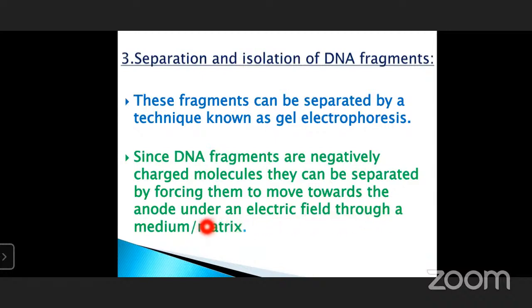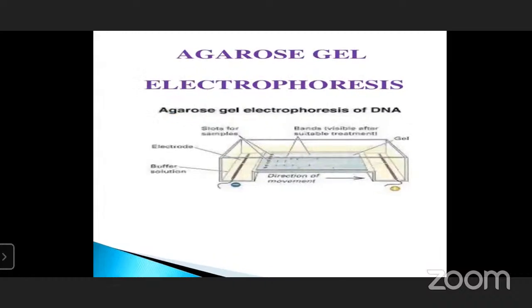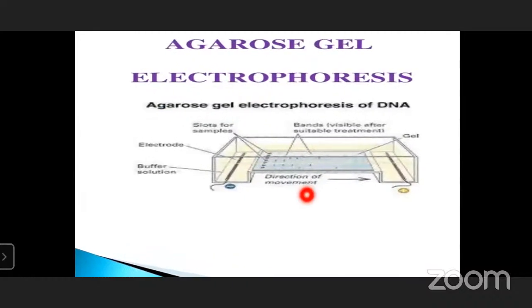That medium is nothing but agarose gel. DNA molecules are negatively charged, and they can be separated according to their size.